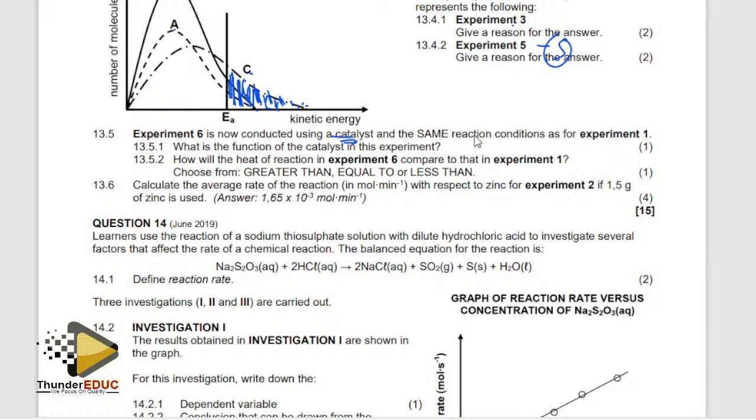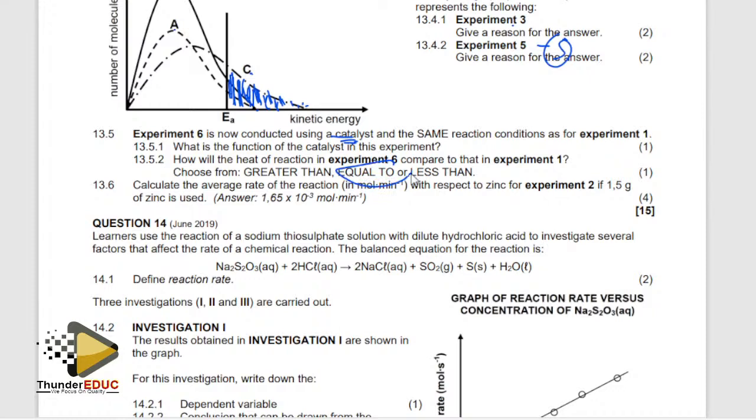Speeds up the rate of reaction, or it provides an alternative way in which the reaction can take place in a faster way. Yes, so basically speeds up the rate of what? Reaction. Then how will the heat of reaction in experiment 6 compare to experiment 1? Will it be equal to? They're saying the heat of reaction. Remember, a catalyst doesn't change anything, it just makes the speed. The heat remains the same, so it will be equal to.